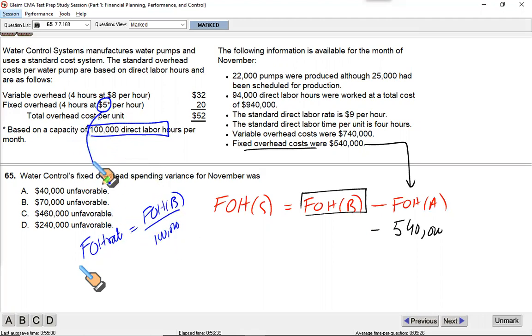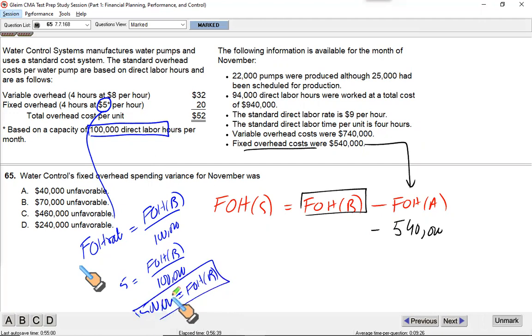Fixed overhead rate is also given, that is 5. So we have 5 is equal to fixed overhead budget divided by 100,000 units. So if you make fixed overhead budget as your subject, it is going to be $500,000. So this is your budget.